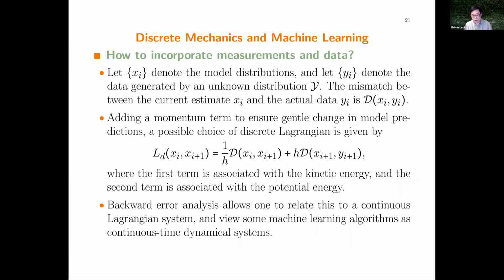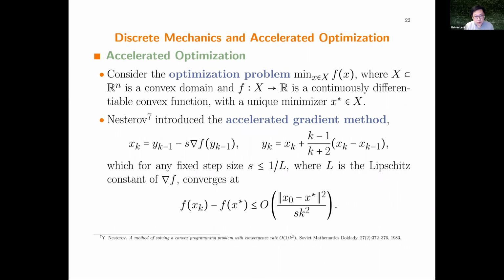So you can think of learning problems as optimization problems, and it turns out you can also think of optimization problems as learning problems. As we talk about this further, you'll see there's a nice analogy between those two things. So now I'm going to talk about what is called accelerated optimization.